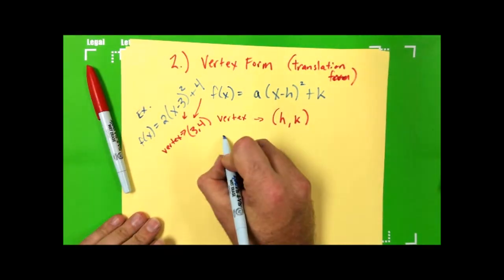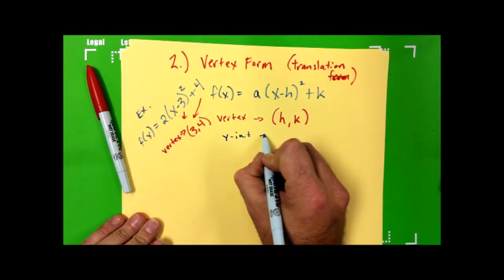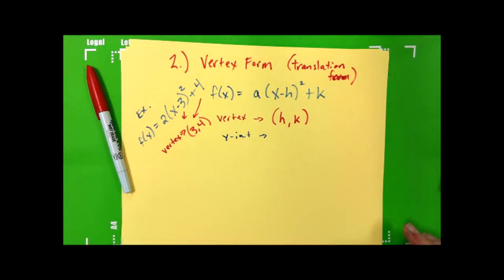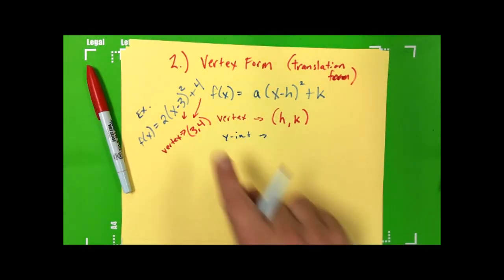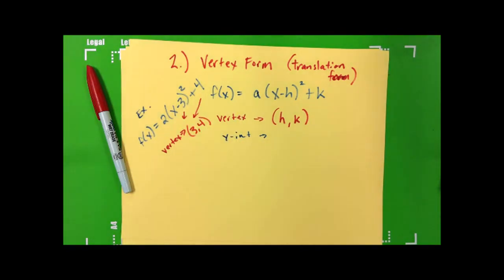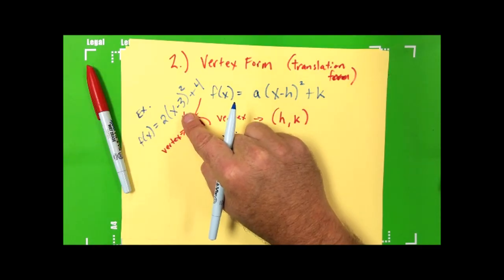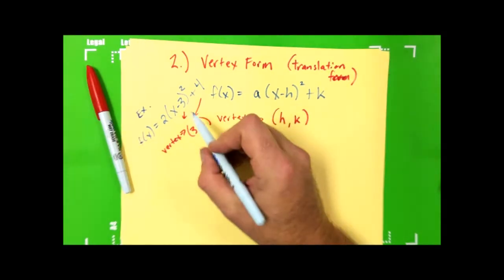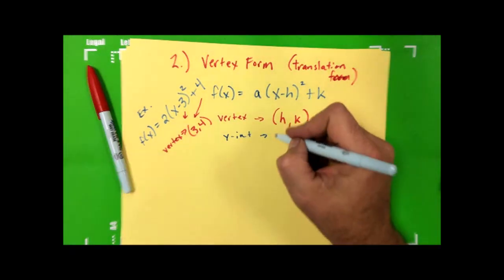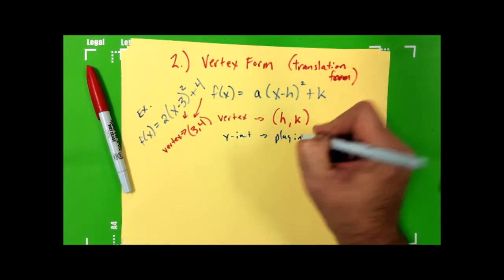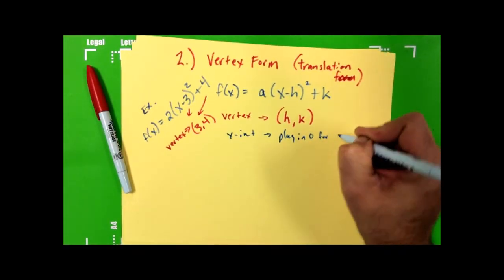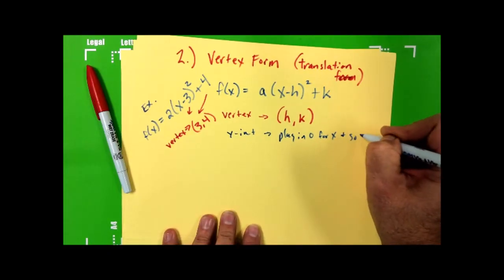Now, what's the y-intercept? 0, 4. Of this one. What's the y-intercept of this one? Here's the thing. To find the y-intercept, you have to plug in 0 for x and solve.